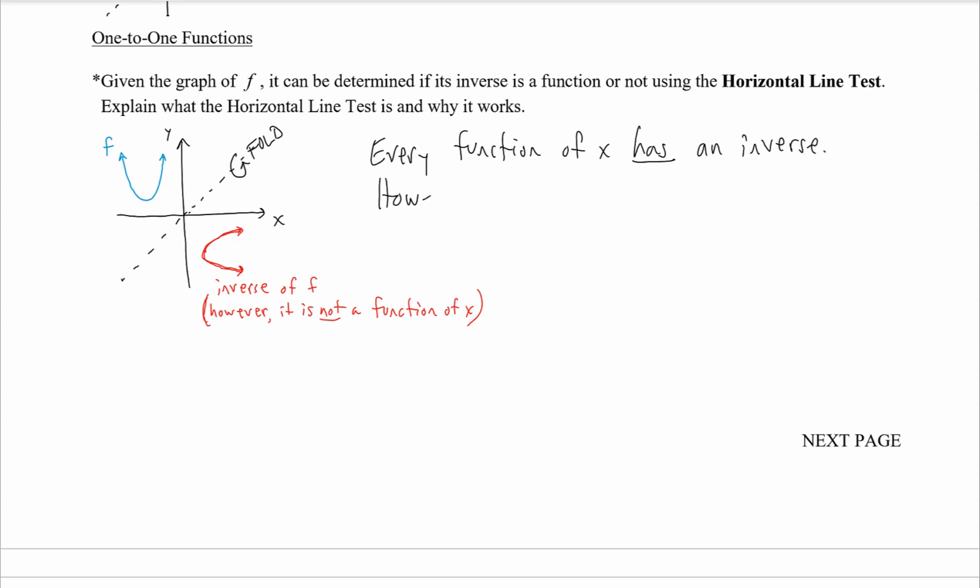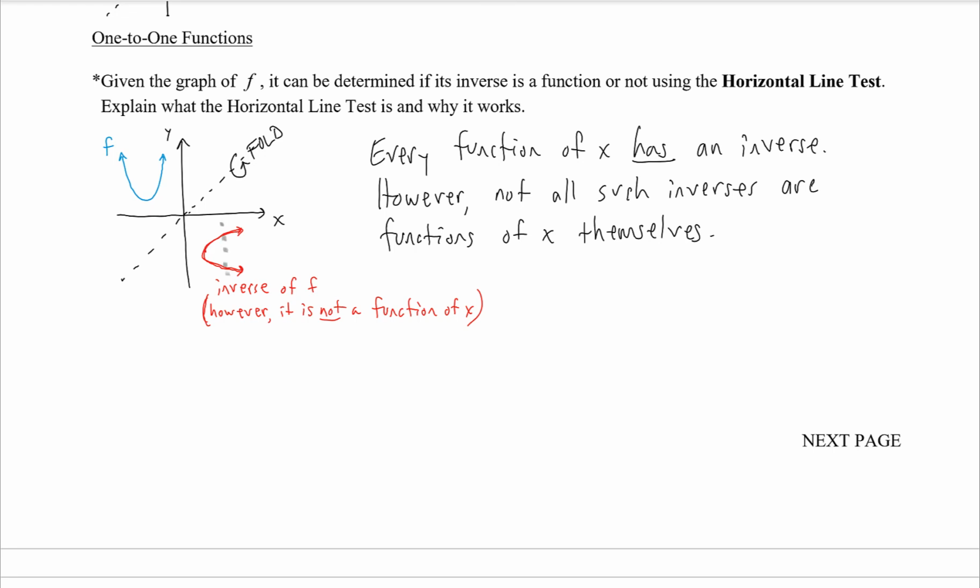However, not all such inverses are functions of x themselves. This clearly fails the vertical line test. That red graph fails the vertical line test. So it's not a function of x.